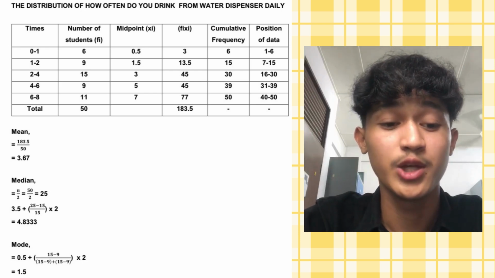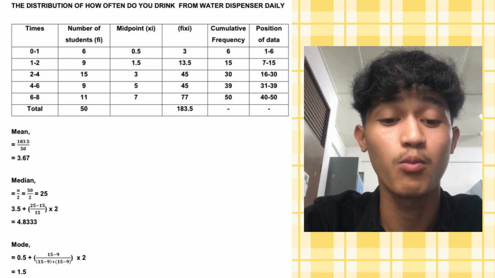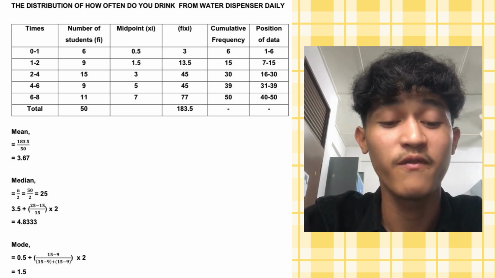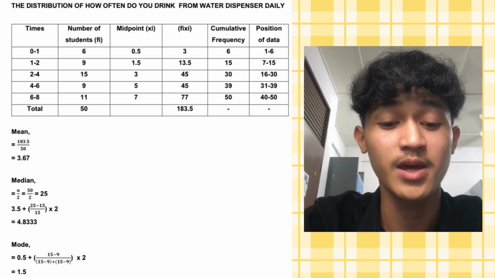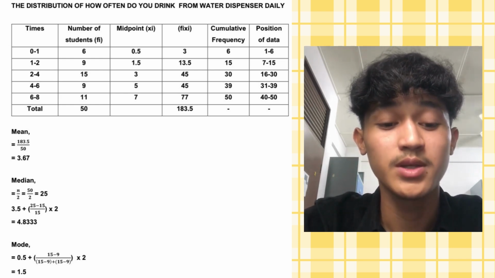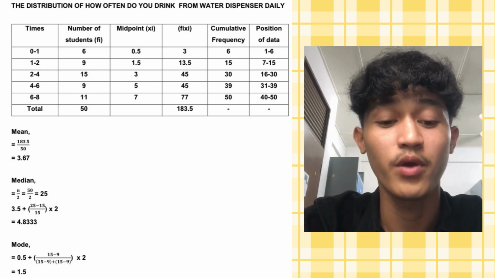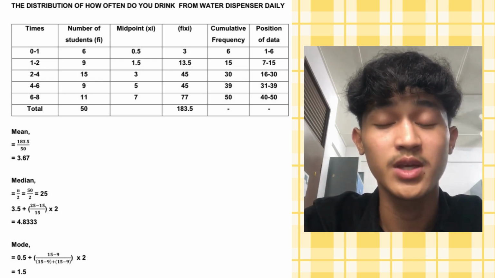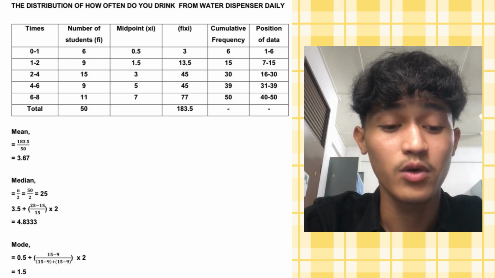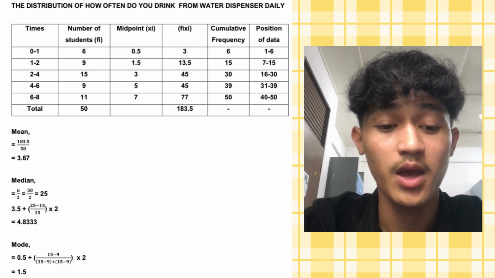Next table is the distribution of how often do you drink from water dispenser daily. For 0 to 1 times, number of students is 6, midpoint is 0.5, cumulative frequency is 6, and position of data 1 to 6. For 1 to 2 times, number of students is 9, midpoint is 1.5, cumulative frequency is 15, and position of data 7 to 15. For 2 to 4 times, number of students is 15, and midpoint 3.